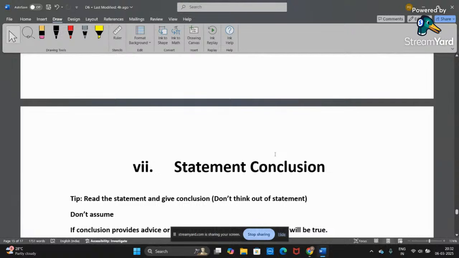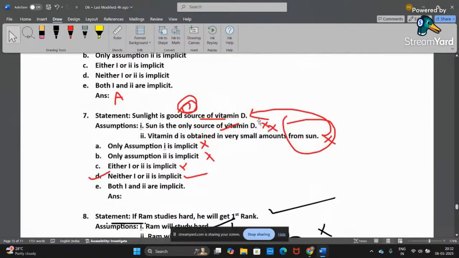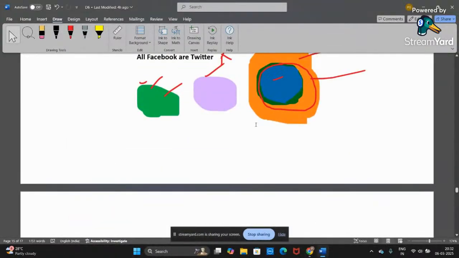Which topic you did not get? In which topic are you having doubt? Statement assumption or conclusion? Okay, I'll teach both concepts. Don't worry.